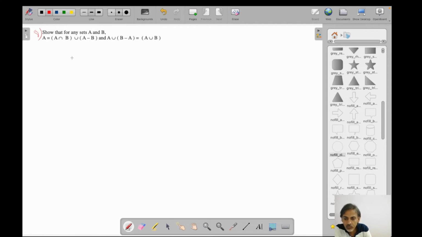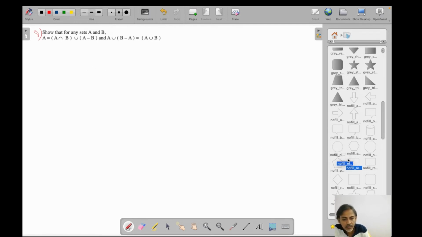Before proving this, we will first dive into what exactly these entities mean. We will see pictorially whether these things are making sense or not. So first, let's try to see it in picture format.